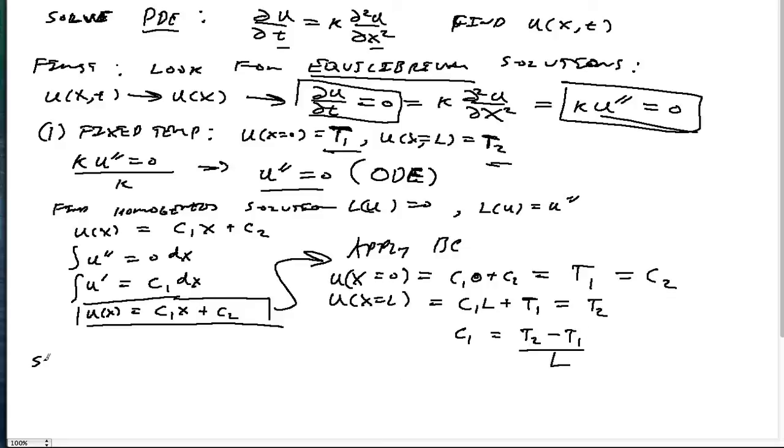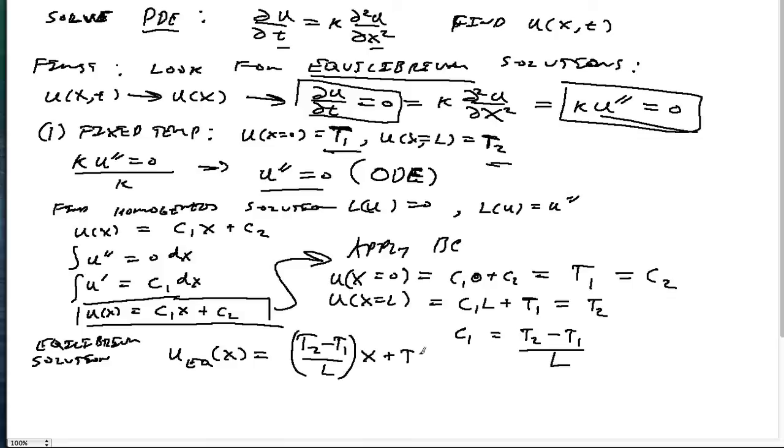So our solution, I should call it an equilibrium solution, I'll call it u eq of x, is equal to t2 minus t1 all over L, quantity times x, plus t1. So what is this? We can plot the solution.